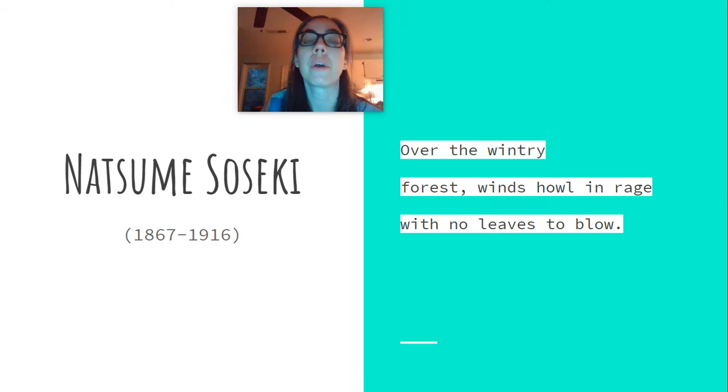So another poem from the Japanese language. Over the wintry forest, winds howl in rage with no leaves to blow. That's a crazy image to me because you think about in the winter when the winds are blowing really hard and you think about there being these leaves that can skitter around, but there's nothing there.